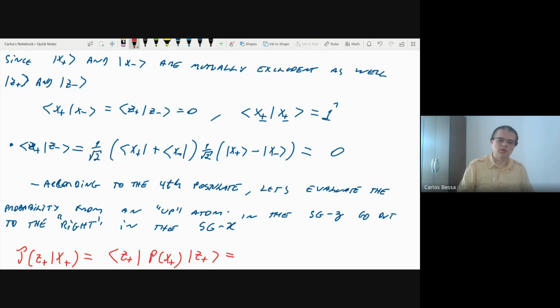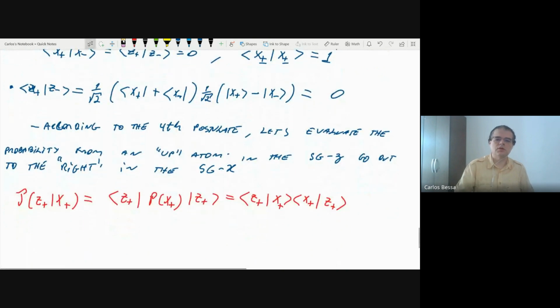And because the state here is not degenerate, we have considered only one atom, this would give me the expectation value with this projector P.